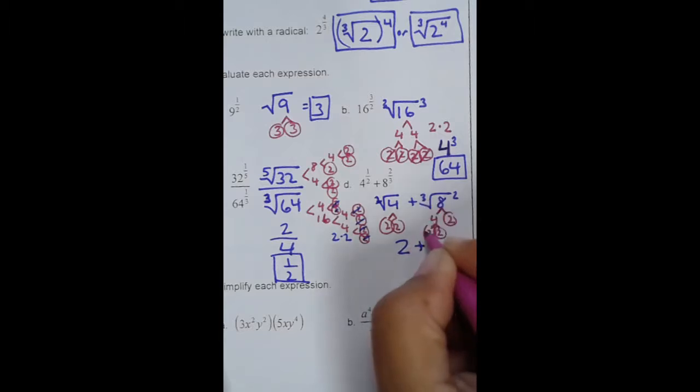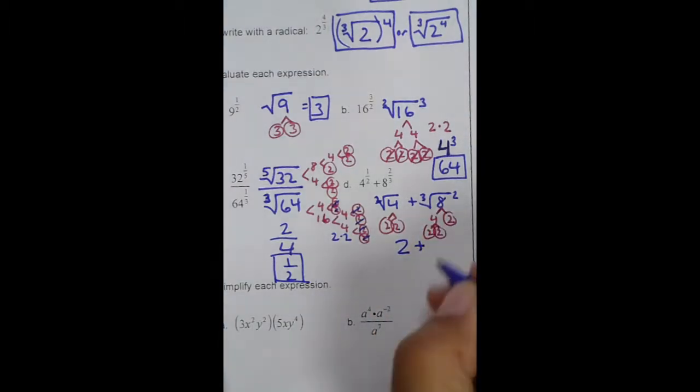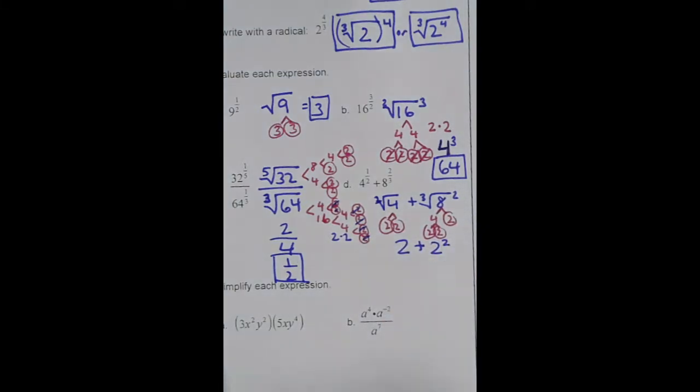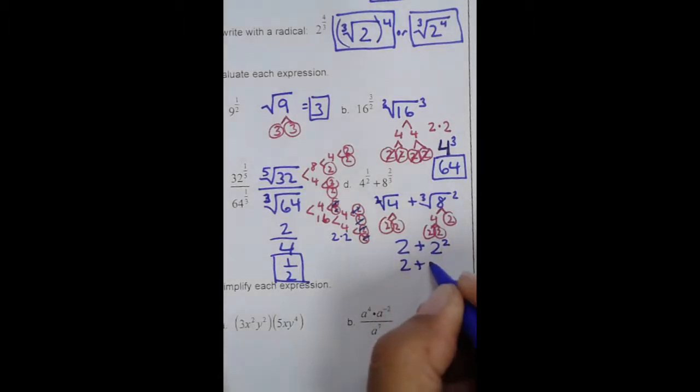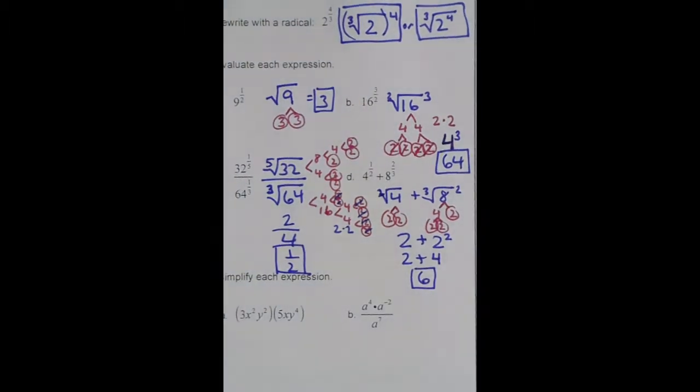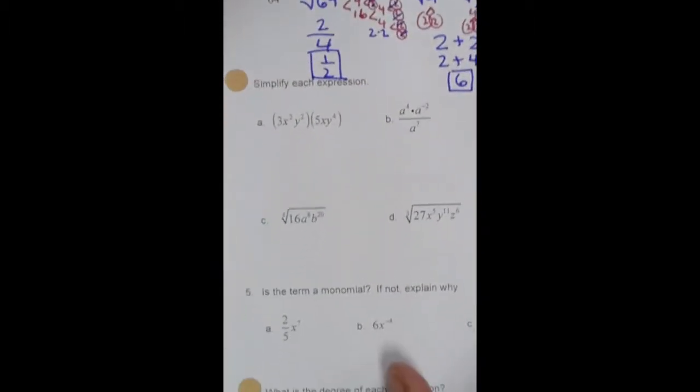I actually have 3 of the same number, and that's what we want. I have three 2's, but you're not done with this because you still have the square right there. So it's 2 squared. You have to do exponents before you add. So we're going to have to do 2 squared first, which is 4, and then 2 plus 4 gets you the 6. Okay.